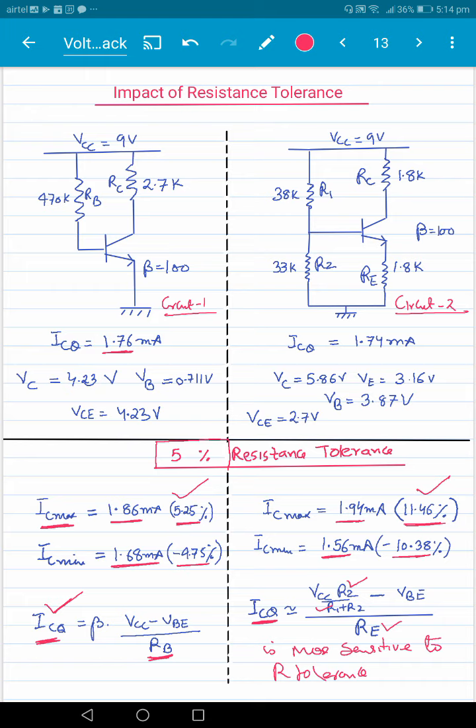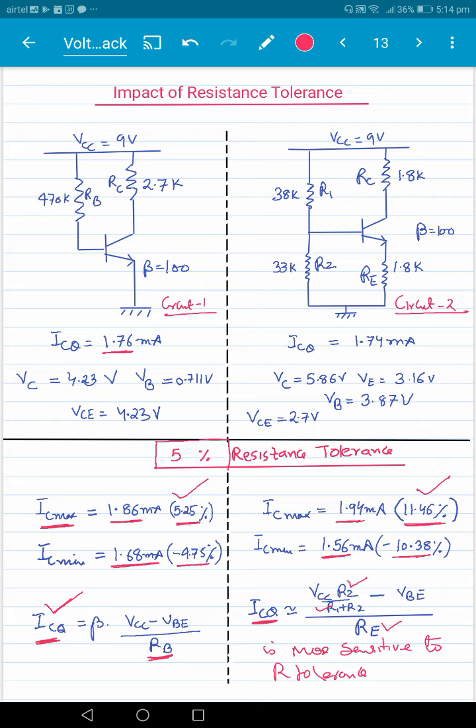In circuit number 2, what we gained was insensitivity to beta, and beta insensitivity is very important. But what we lost was insensitivity to the resistors in the circuit. So, the circuit has become more sensitive to the tolerance, the variations in the resistors.